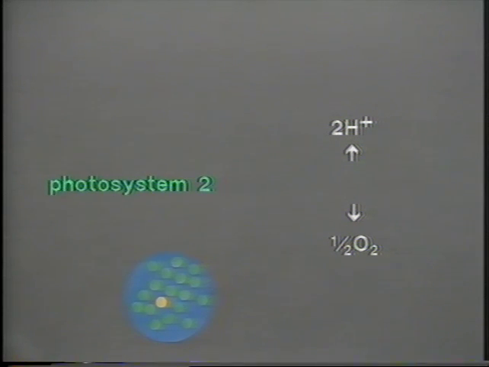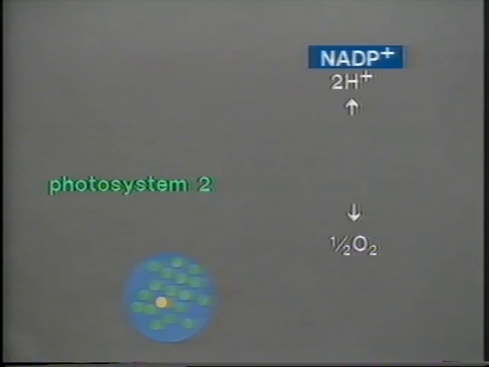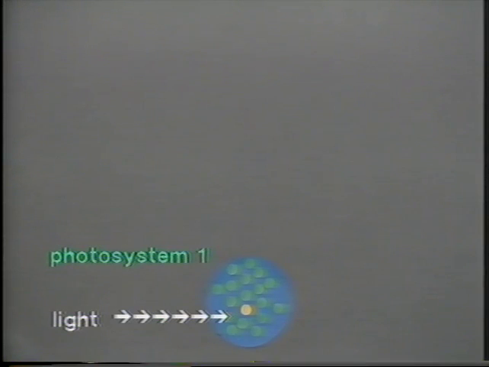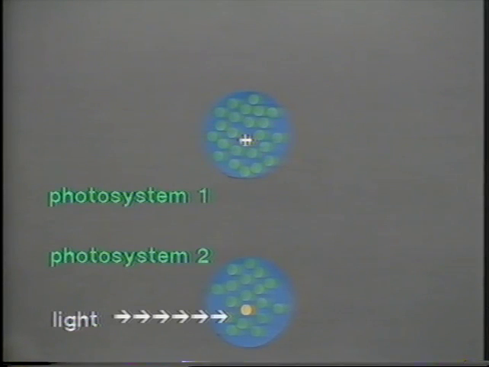The hydrogen ions from water are transferred to the coenzyme NADP to complete the chemical change from the oxidized form NADP+ to the reduced form NADPH. The oxygen is given off. And while all this is going on, some of the light energy collected by the chloroplast is also used to produce ATP.